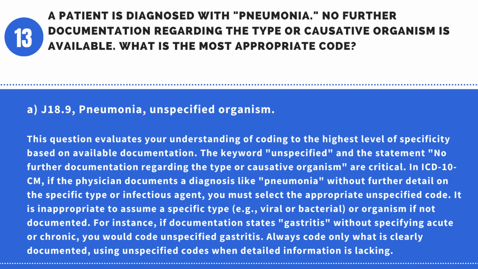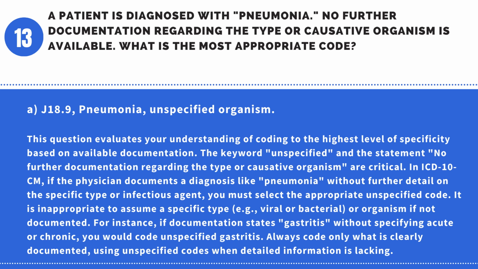J18.9. Pneumonia, unspecified organism. This question evaluates your understanding of coding to the highest level of specificity based on available documentation. The keyword unspecified and the statement no further documentation regarding the type or causative organism are critical. In ICD-10-CM, if the physician documents a diagnosis like pneumonia without further detail on the specific type or infectious agent, you must select the appropriate unspecified code.